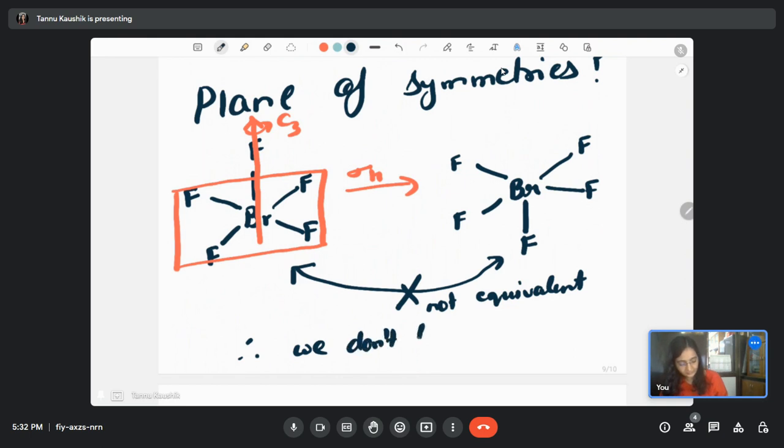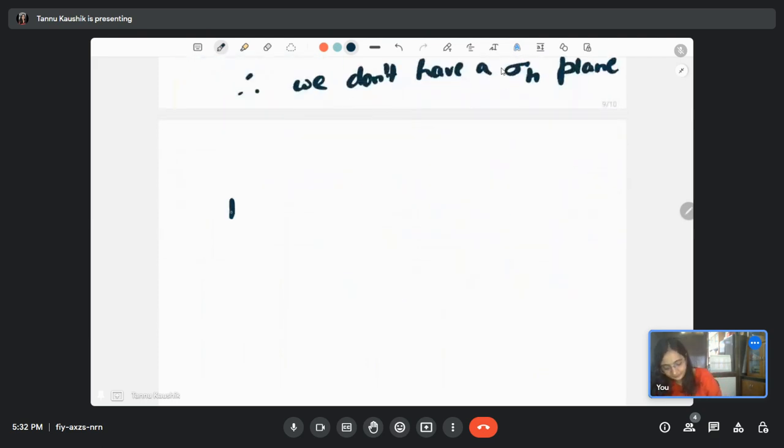Therefore, we don't have a horizontal plane here, but we have vertical planes present here. So I'm labeling these atoms.